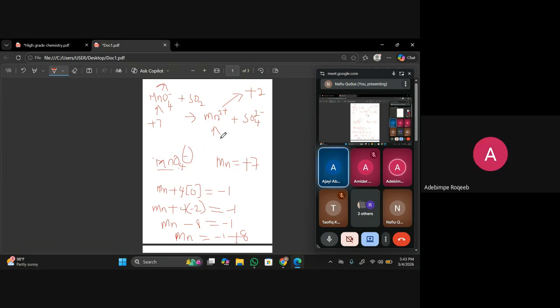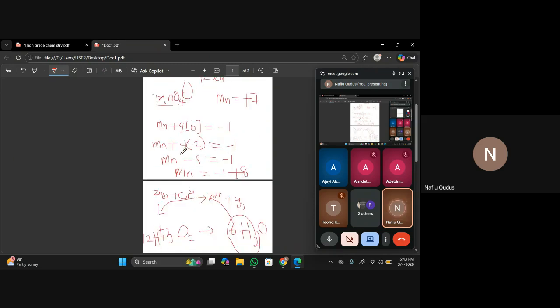Reduction reaction. Reduction has occurred because it is from +7 to +2. That means that it reduces. So from Mn here to Mn here, we have reduction.